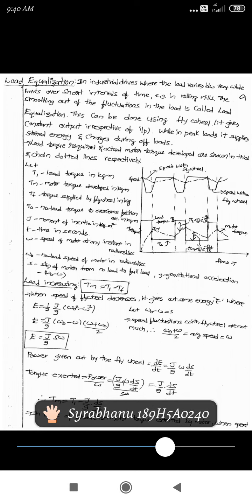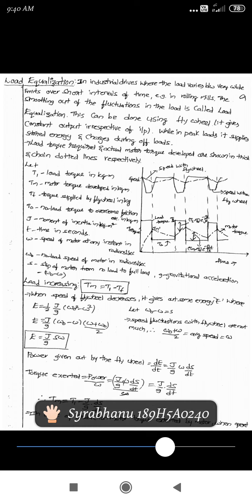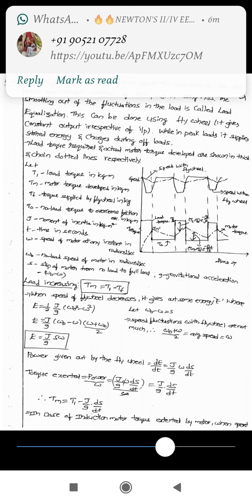Now see, the load varies between very wide limits over a short interval of time, for example in rolling mills.